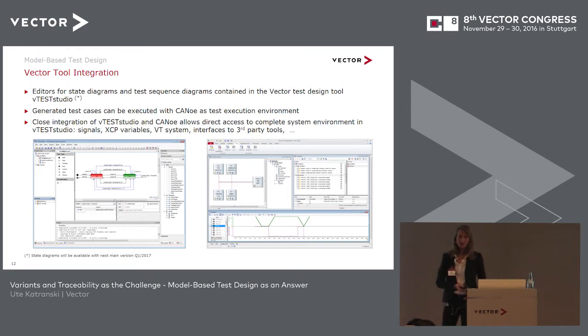Then we have the CANoe tool, the test execution environment, and the close integration of VTest Studio and CANoe allows direct access to the complete system and all the features of CANoe. We saw the CANoe application to CarMaker, so you can also combine it with CarMaker.